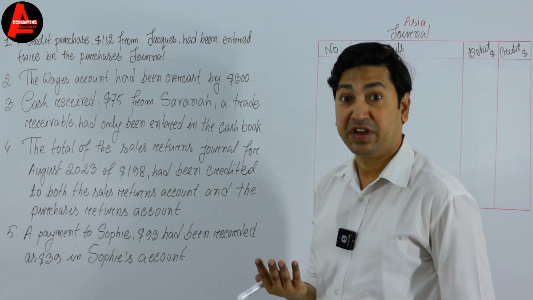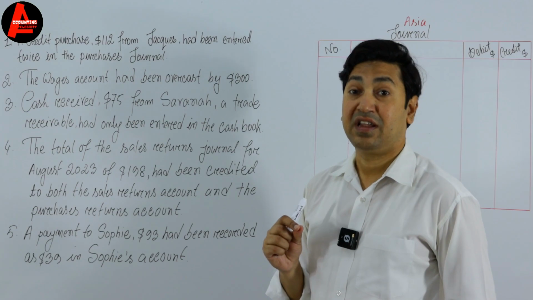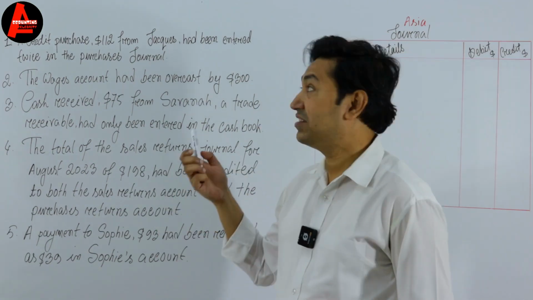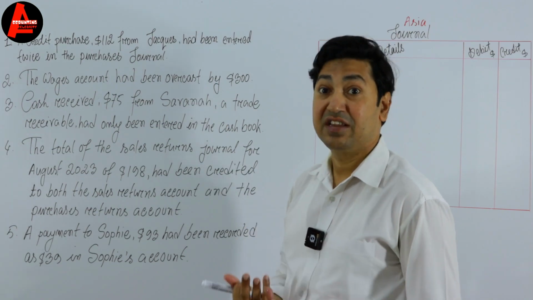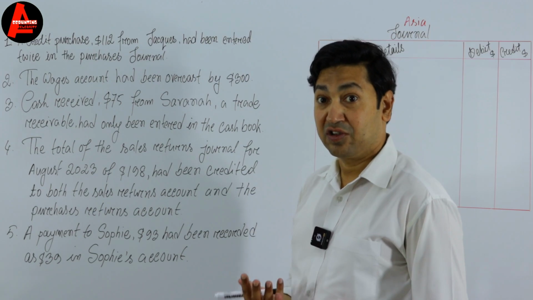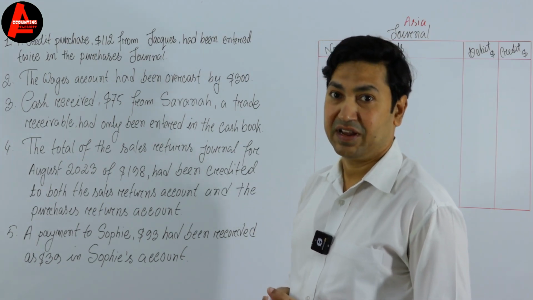Now we need to decrease the liability. When we decrease the liability, it will be debited. Jacques is a trade payable or creditor, so now the creditor will be decreased, so it will be debited.